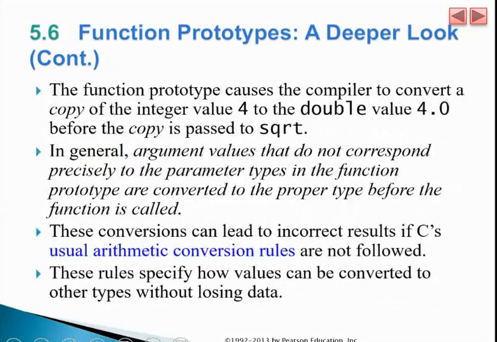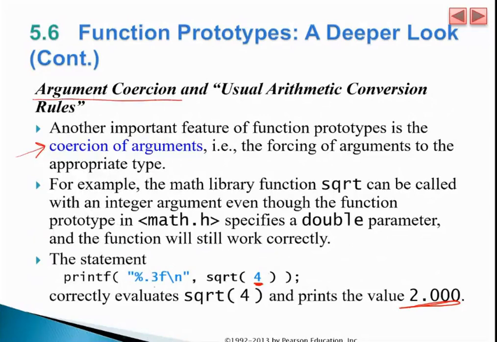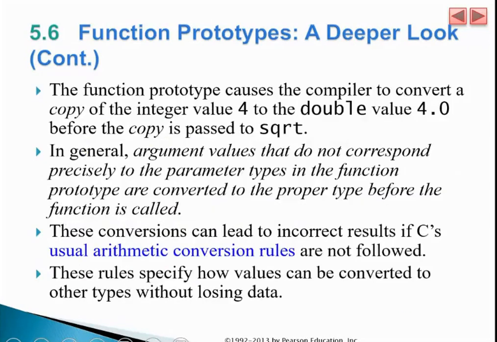Now what happened actually? The function prototype causes the compiler to convert a copy of the integer value to a double value before the copy is passed to the square root function. This important feature is called argument coercion. The compiler will apply simple arithmetic rules, and if the conversion is possible, it will do it. It will not convert a string into an integer and something like that.